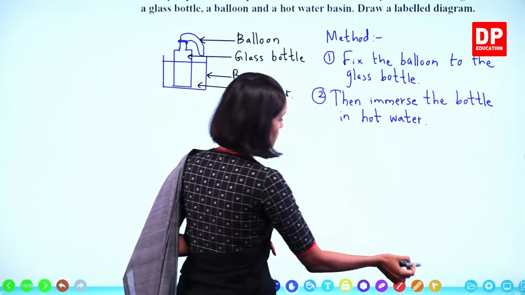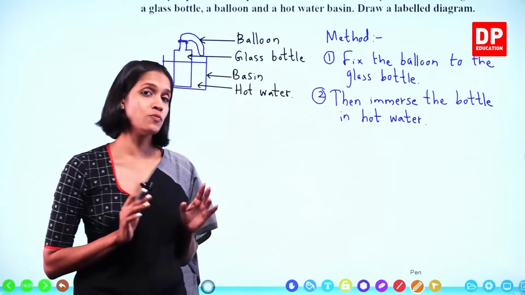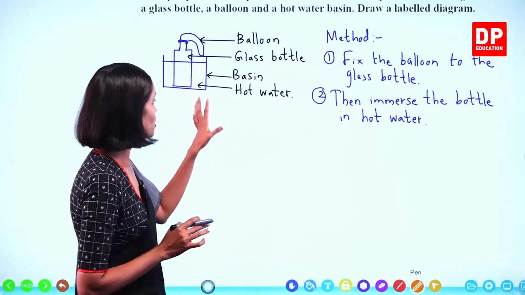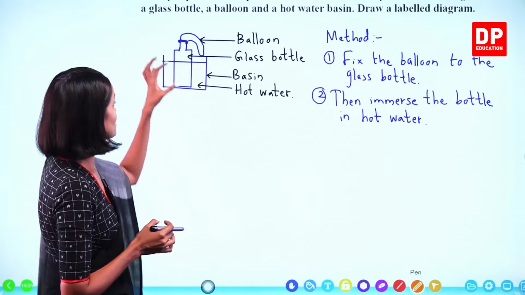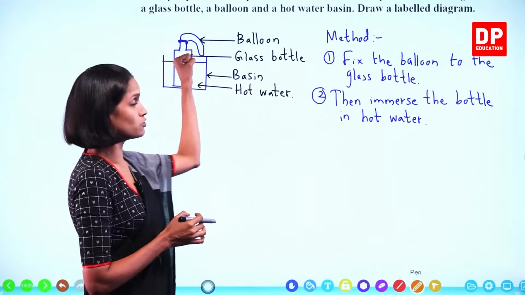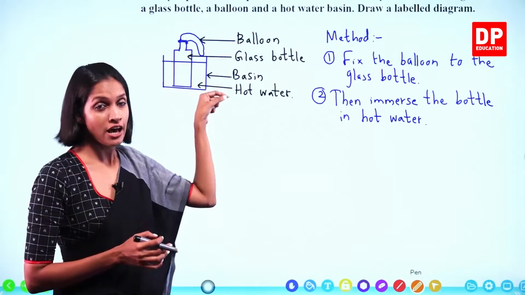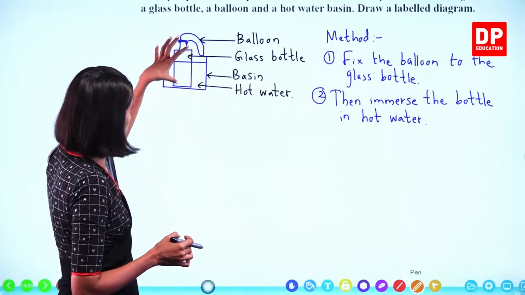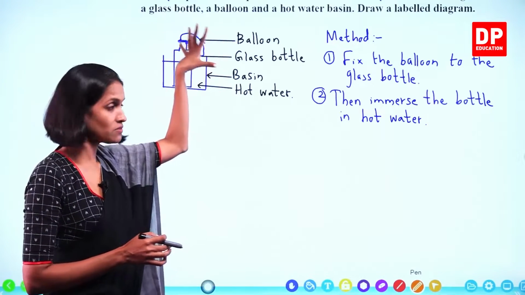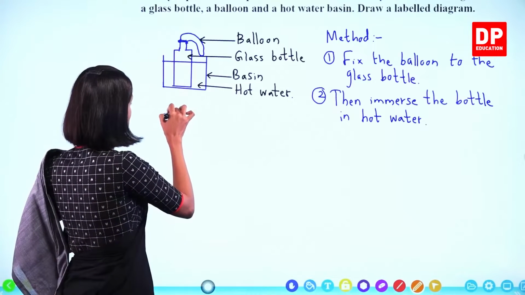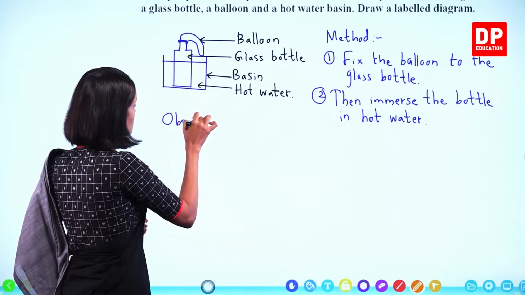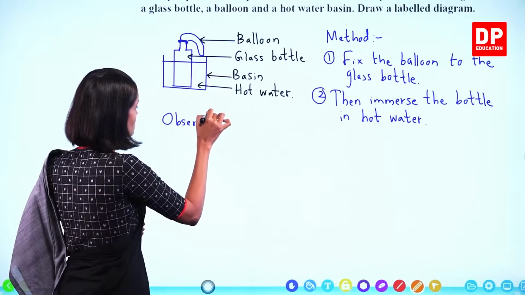Now you all know. Next we have to write the observation. Do you all remember the observation, children? When we immerse this glass bottle with the balloon fixed to its mouth in hot water, what happens? After a little time, you saw that the balloon inflates. We will write that observation. Observation.